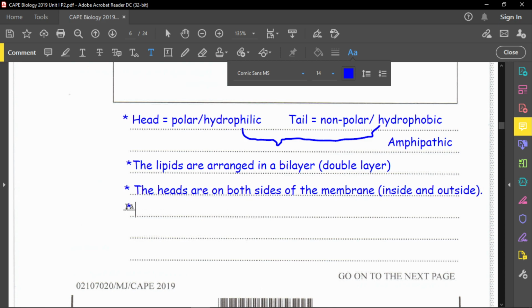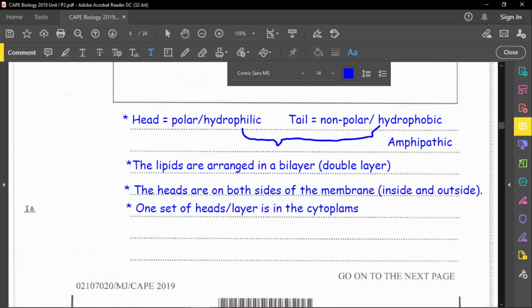So this notation I'm going to talk about right here is that one head or one set of heads, or one layer, is in the cytoplasm.